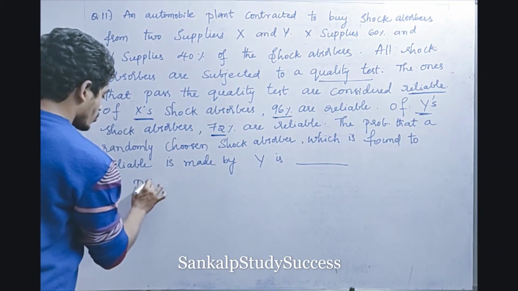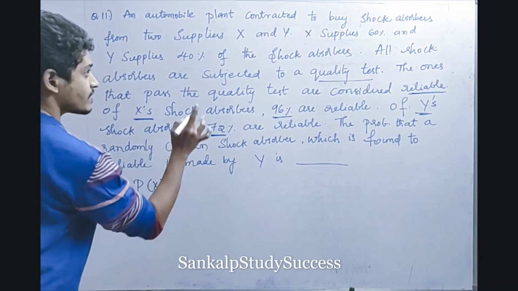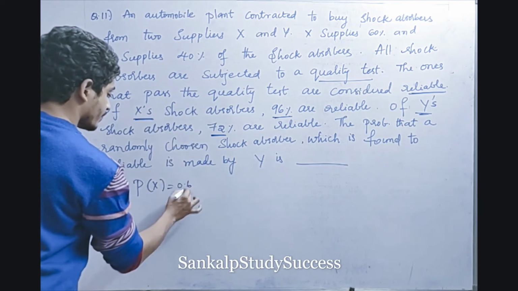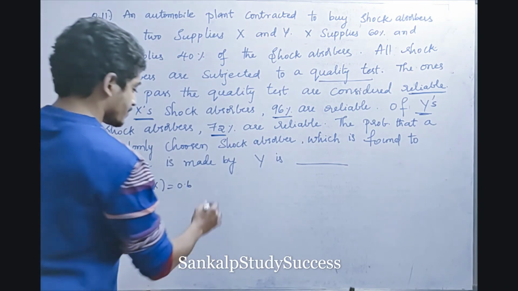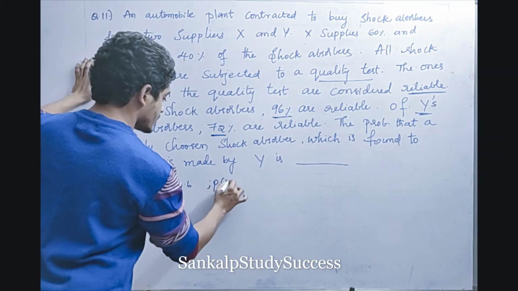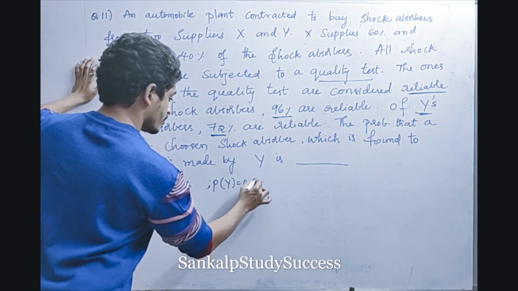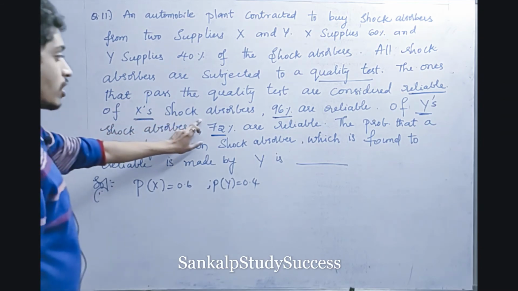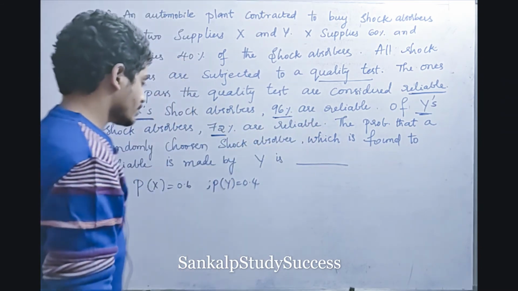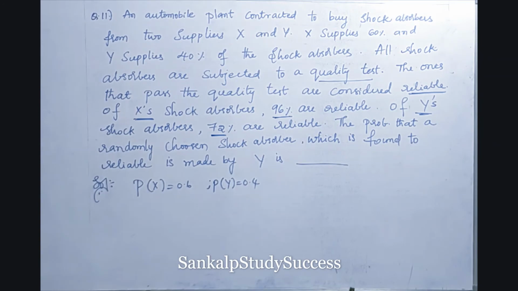What is the probability of X? He has given 60%, which means 0.6, right? Probability of X is 0.6. Next, probability of Y supplies is 40%. So P of Y is equal to 0.4. Next, all the shock absorbers are subjected to a quality test. The ones that pass the quality test are considered reliable. Of X shock absorbers, 96% are reliable. Now let us understand.